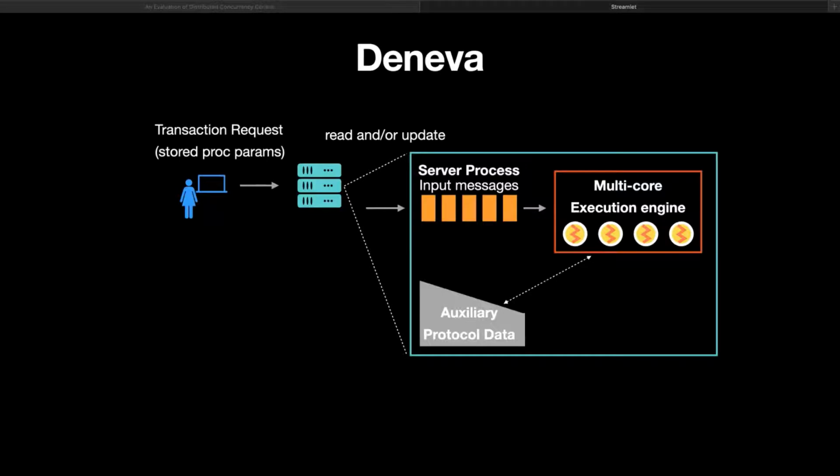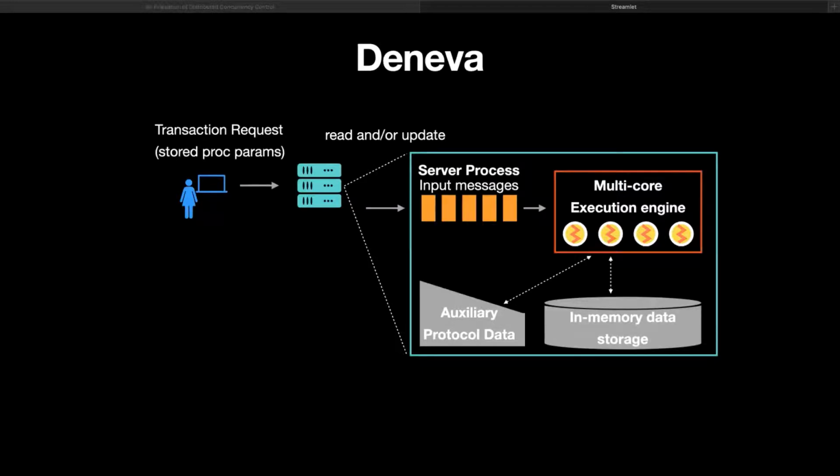They also have access to an auxiliary protocol data store, where they store data, for example in the case of lock-based protocols it will store the lock tables. In the case of OCC it will store the verification metadata that's required, and it also has access to the in-memory data storage.